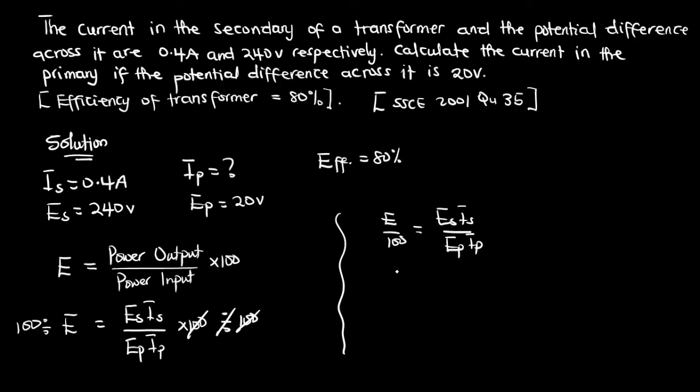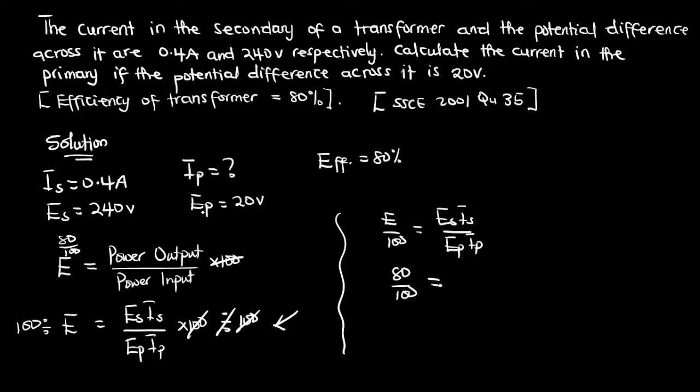My efficiency is 80, so it's 80 over 100. If you are confused, once you quote this formula, in place of the efficiency, if you use 80, then you maintain the 100 over here. But if you want to use 80%, as in 80 divided by 100, then the 100 has to go away from here. That's basically why I am doing all these things. So 80 over 100, which is the 80% I'm using, the 100 will no longer be here.